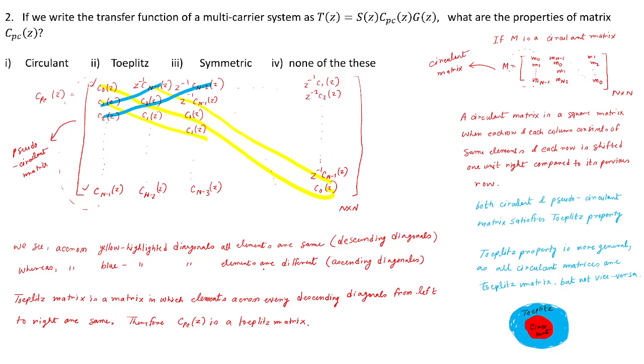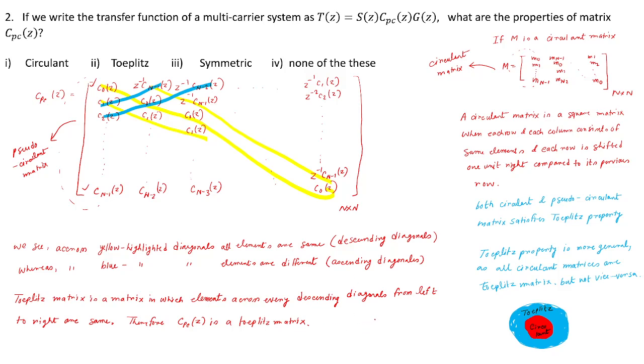The scope of Toeplitz matrices is bigger. So let's come back to our question here. Therefore the property of the matrix: it is not circulant, it's pseudo-circulant, it's Toeplitz, and it's not symmetric anyway.